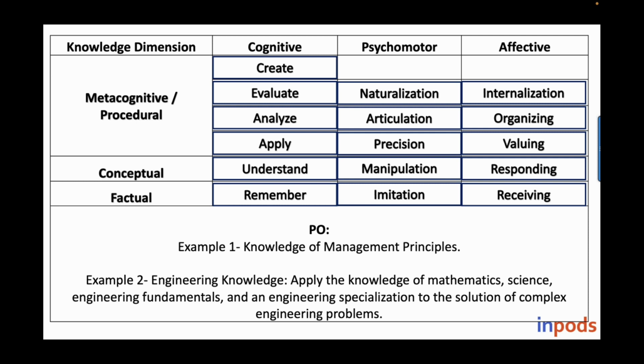Allow me to spend another 10 minutes on this, and then we can conclude. So we'll pick one program outcome and zoom into that. We have to now think about, let's say, a PO of knowledge of management principles or engineering knowledge, basic level.